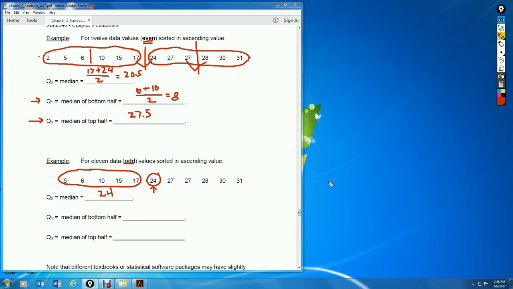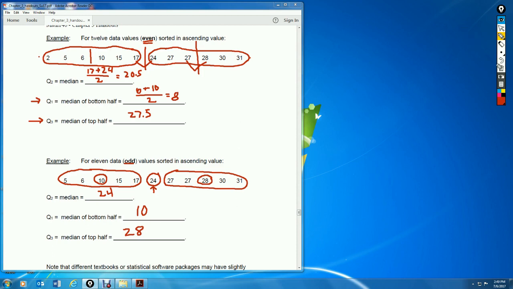What is the median of those 5 data values? Well, it's odd, so again, we have a data value exactly in the middle, which is 10. So Q1 is 10. And same on the top half, we just look at these 5 data values, and Q3 is going to be the median of those, which would be the data value right in the middle, which would be 28.